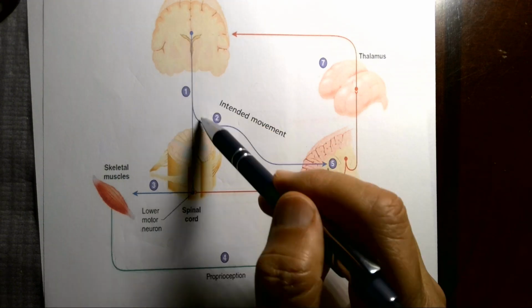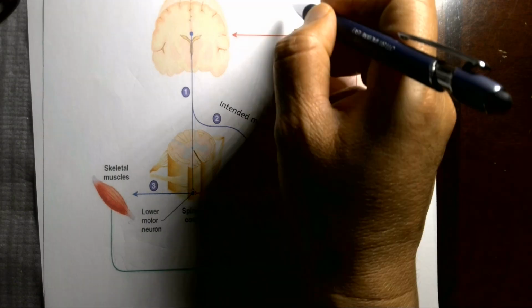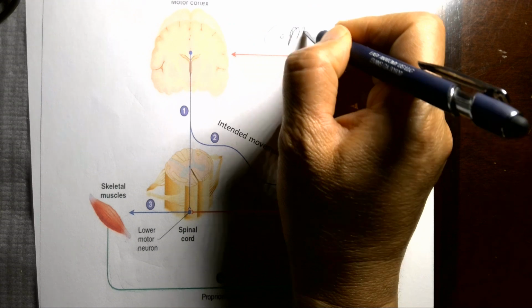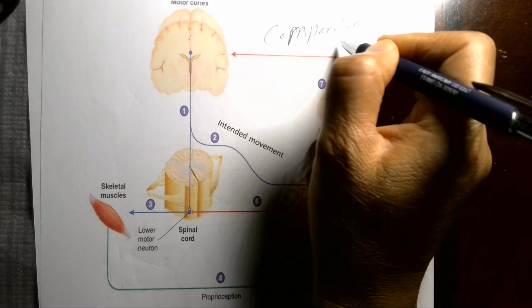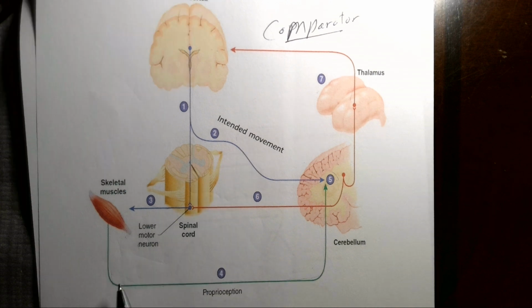So basically it is a comparator: the cerebellum compares the intended movement, okay, with the position of the body and how to reach a balanced position.